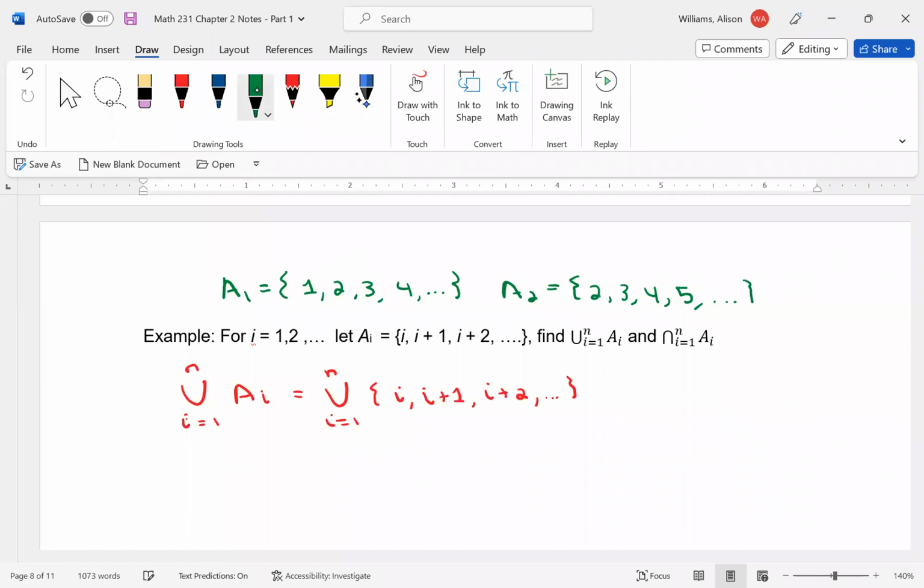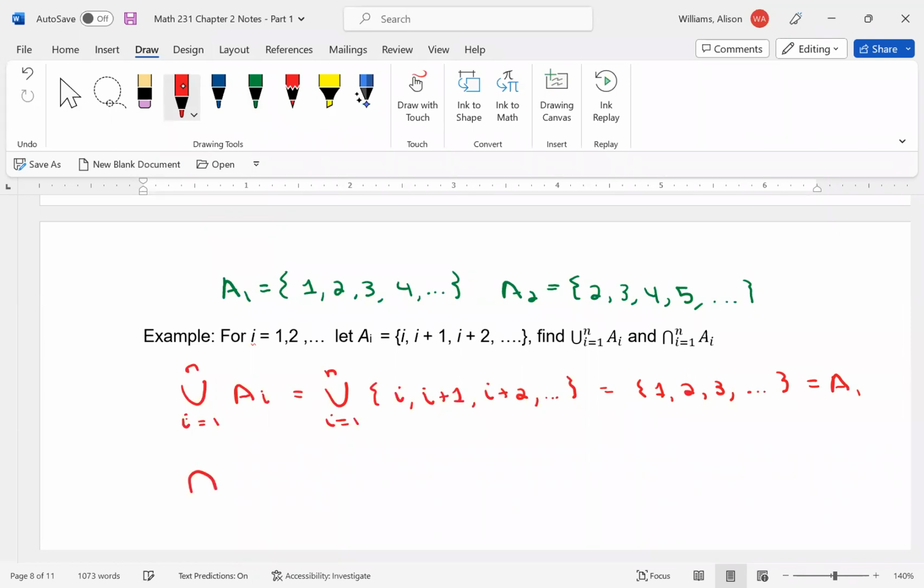So the idea is it ends up listing the numbers. A sub 3 would start at the number 3, but the union of all of these is going to end up being the very first set, 1, 2, 3, so forth, or A sub 1. The union ends up being A sub 1 because A sub 1 contains all of the numbers that get listed out when we look at these sets.